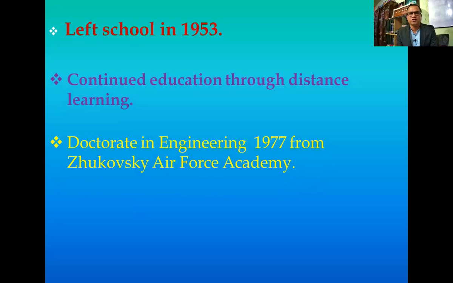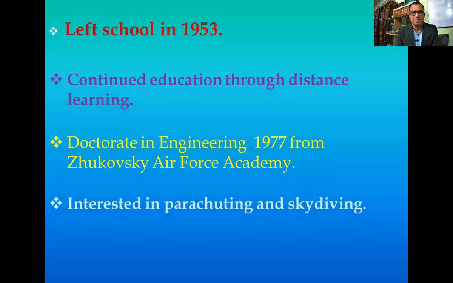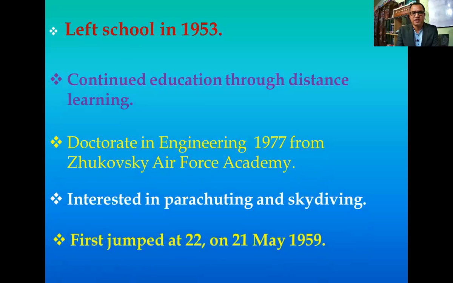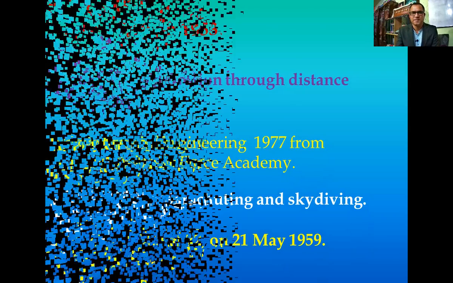She completed a doctorate in engineering in 1977 from Zhukovsky Air Force Academy. She was interested in parachuting and skydiving. For the first time, Valentina jumped at the age of 22 on 21 May 1959.